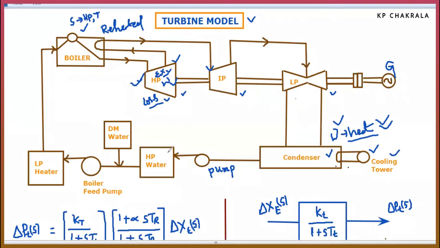In this process, the water is allowed to pass through the HP heater, where it is heated up, and after that, by using the boiler feed pumps, it is allowed to the LP heater, where it is heated again, and it is passed through the pipes and enters the boiler.